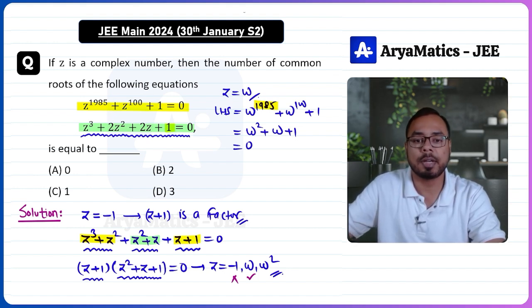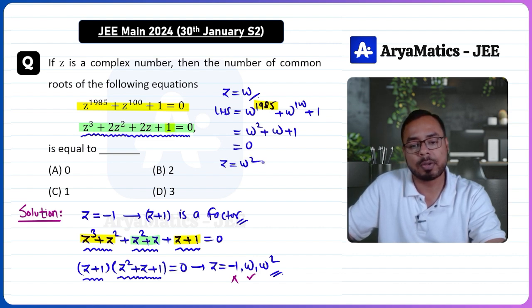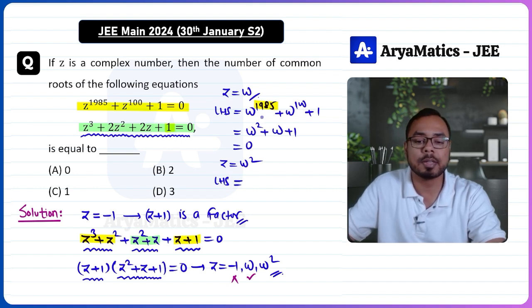Similarly, let us check with z equals omega square. Now, if omega is a root, omega square will also satisfy, because in place of z, if we write omega square, then the first term will become omega square raised to 1985. When you divide by 3, the remainder will be 1. So the first term will become omega.